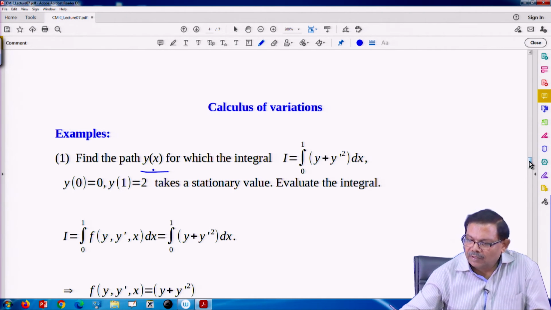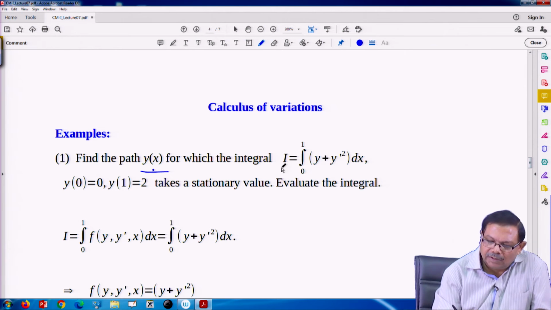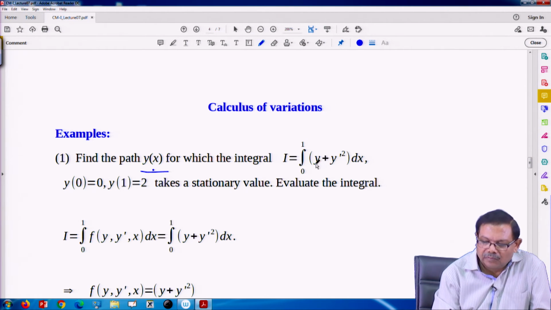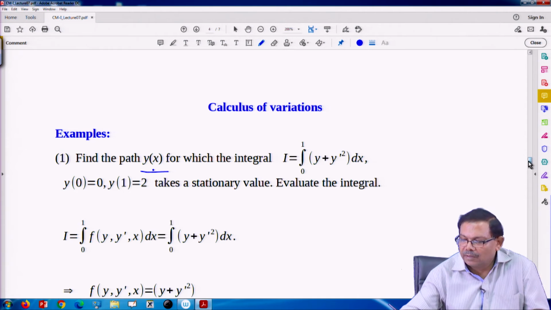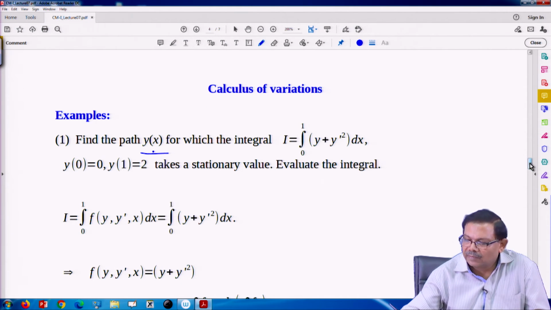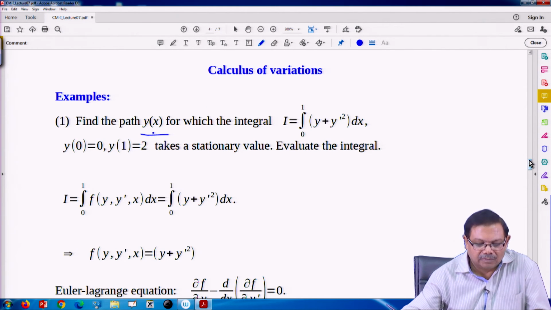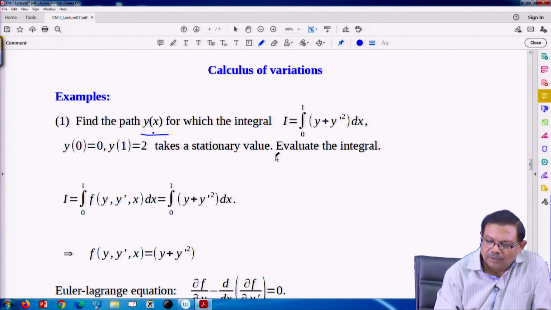Okay. So, we have to find a curve y of x for which this integral takes a stationary value, and once that is done we have to evaluate the integral also.